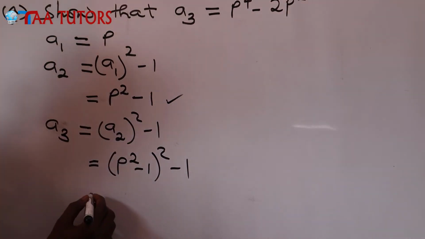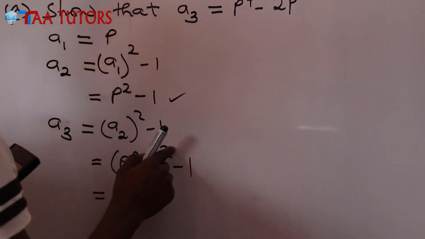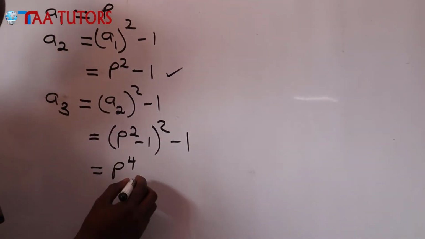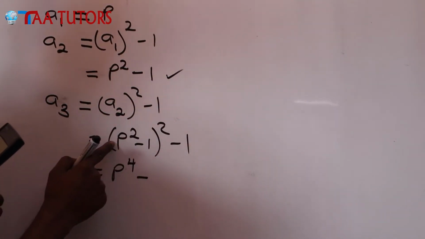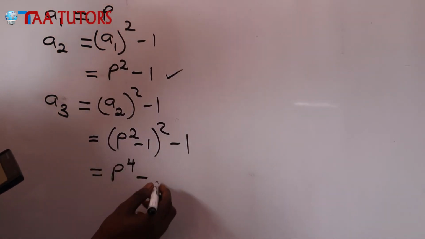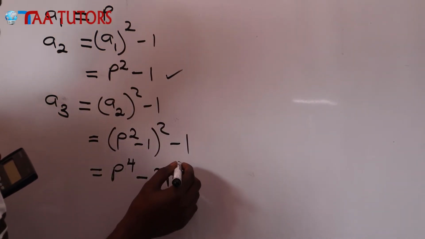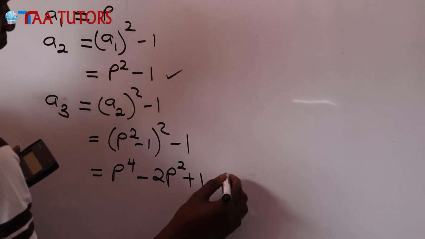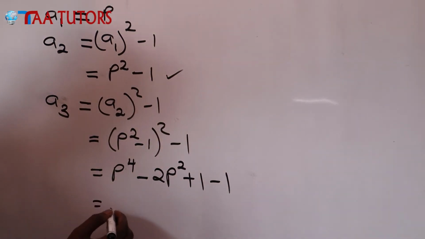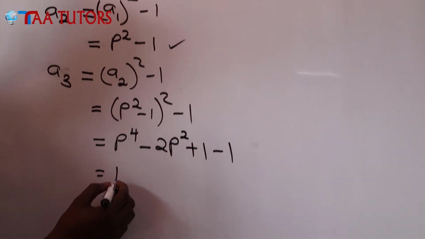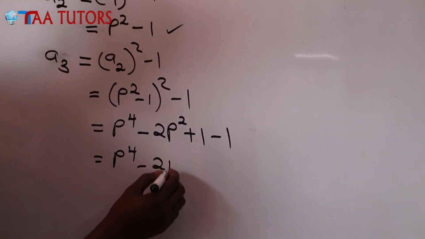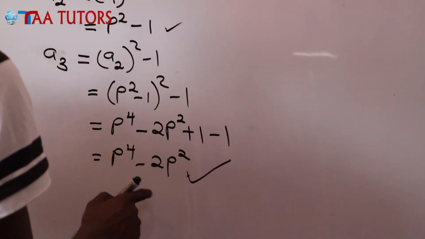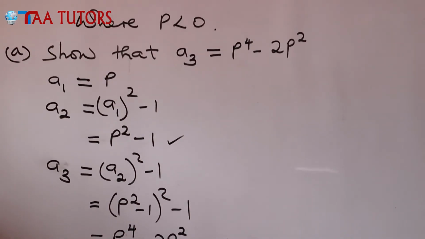If we open the bracket, p squared squared will be p power 4, minus 2 times p squared times 1, that is minus 2p squared, plus 1, then minus 1. So 1 minus 1 is 0, and we get p power 4 minus 2p squared. We have been able to show that A3 is given by that.